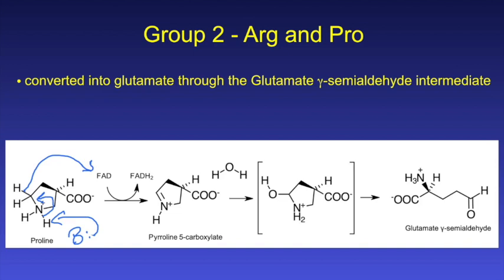So I have the unsaturation. When I look at the next reaction, I have a hydroxide that's attached here. I have a single bond, and I have a nitrogen with 2 hydrogens. I have a double bond with a nitrogen and 1 hydrogen, and I have nothing attached here. But I react with water. So what am I going to do to the water?